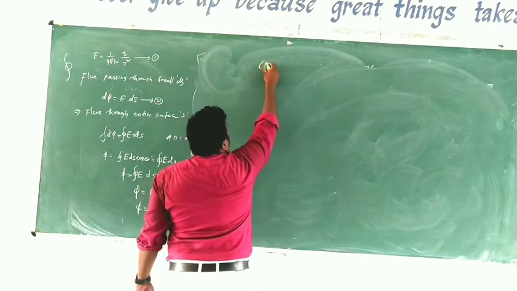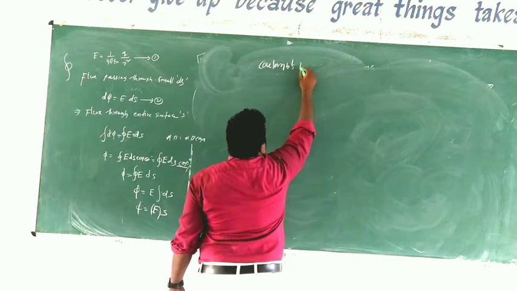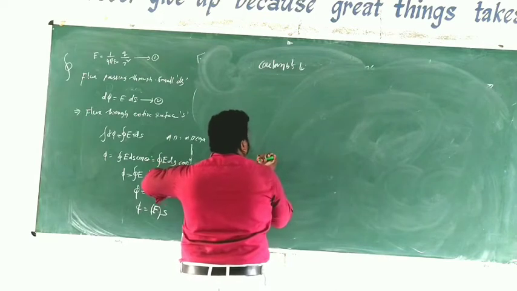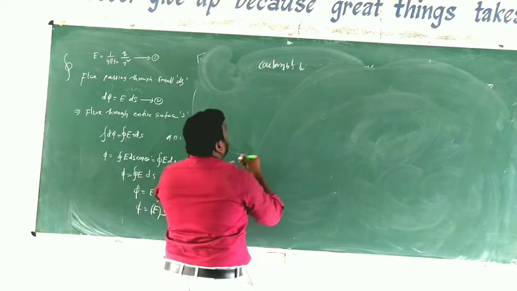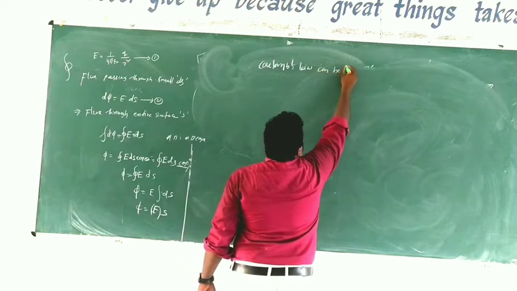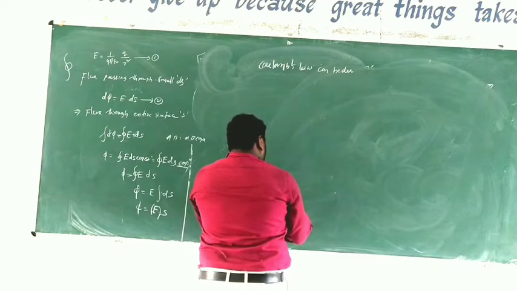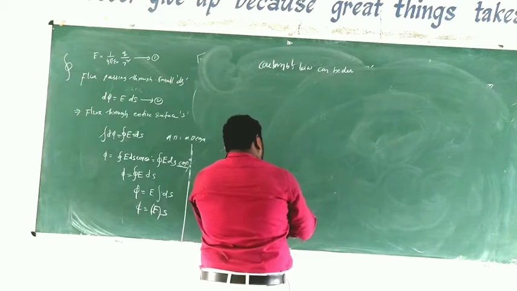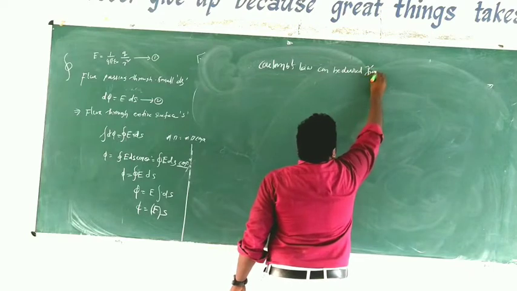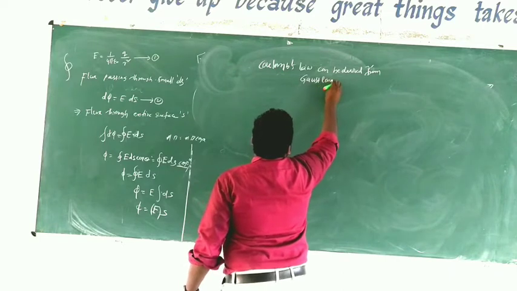Now Coulomb's law can be derived from Gauss law.